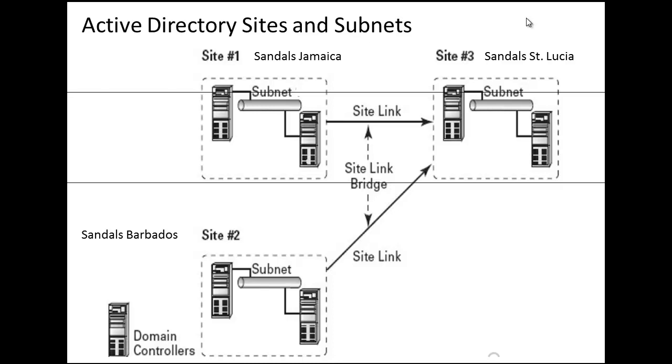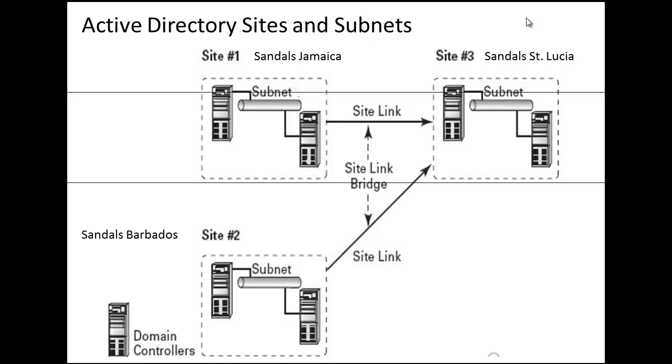For example, you can give the site the name Sandals Jamaica. Now, the site is a logical object, and the site usually follows your geographical topology.